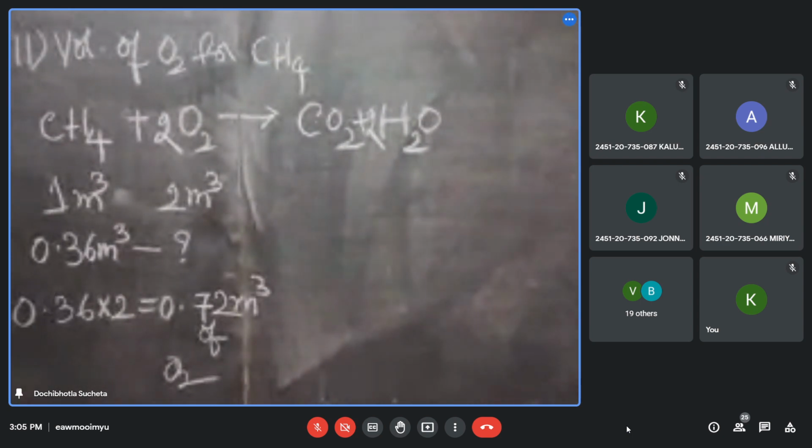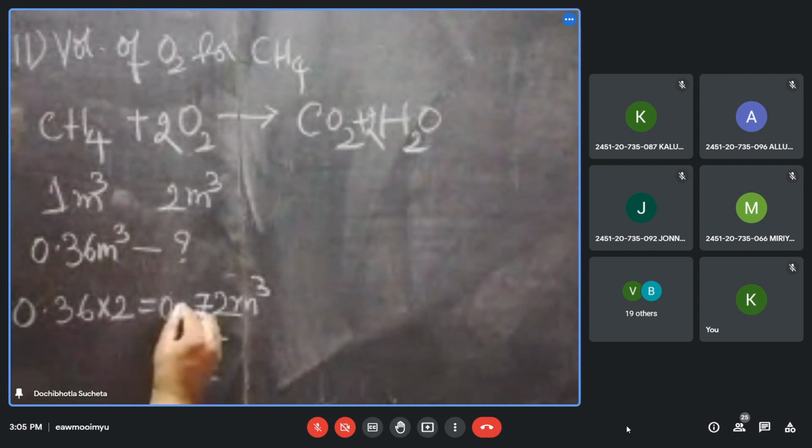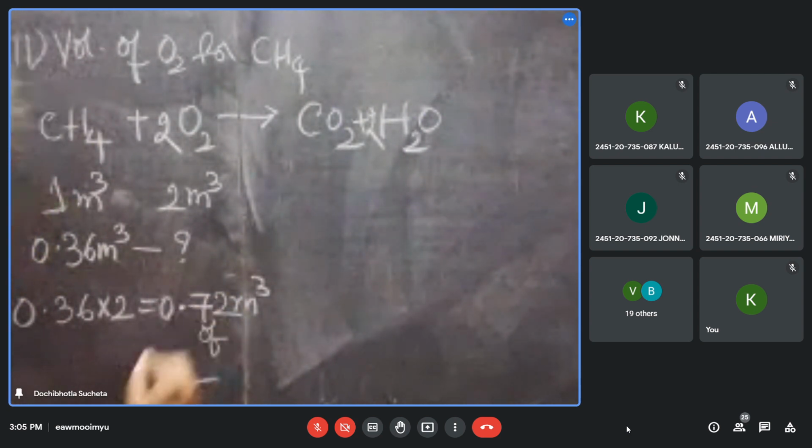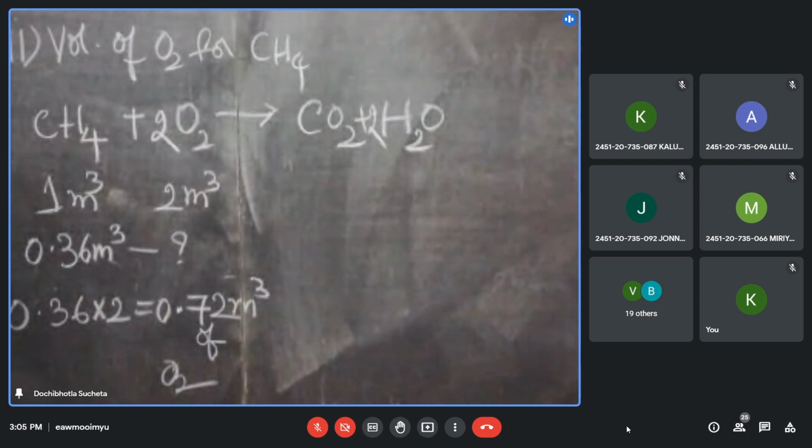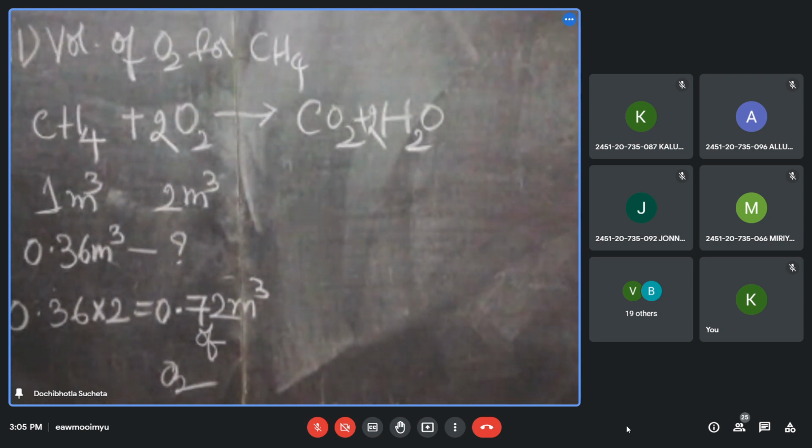Now we'll keep this aside. What we are targeting is getting the net sum of oxygen required for complete combustion of that particular fuel. We have gone into the individual combustion: methane, hydrogen, then followed by carbon monoxide.